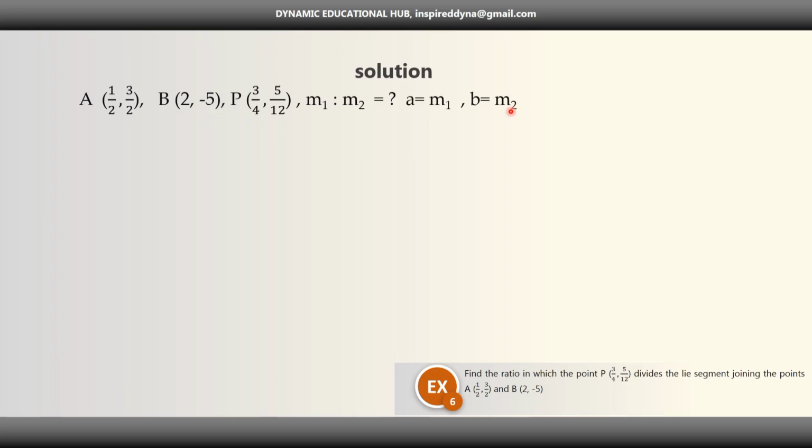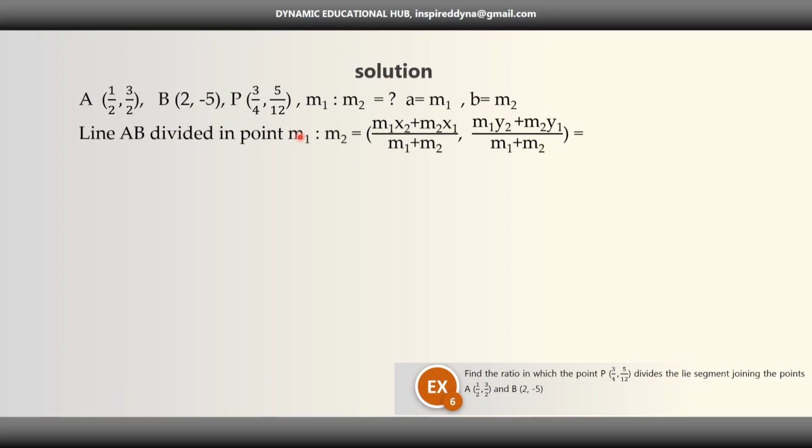Now, to solve it, we are still using the ratio formula when you're dividing a line. So recall your ratio formula and go ahead and apply it. If we want to divide the line using ratio M1 ratio M2, which is A ratio B, we are going to use this formula.